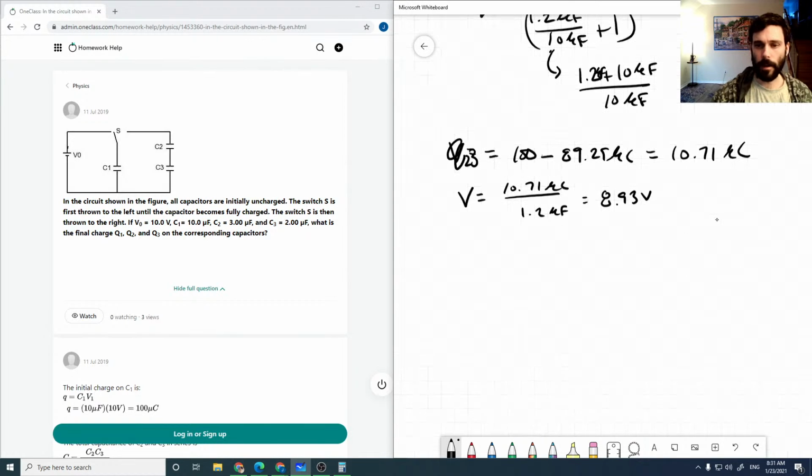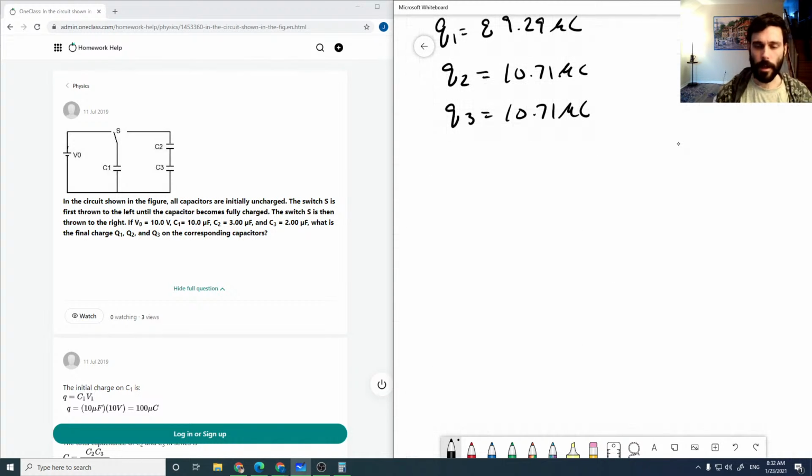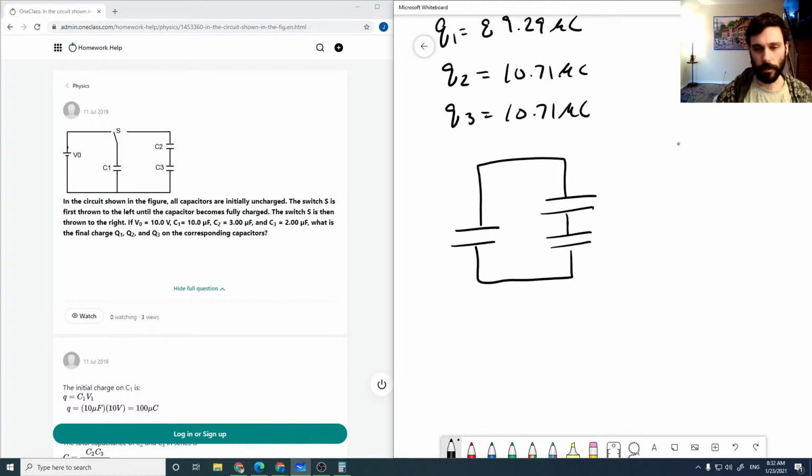Now, because the charge on Q1 is this 89.29 microcoulombs, the charge on 2 is the same 10.71 microcoulombs, and the charge on 3 is also 10.71 microcoulombs. And how that makes sense is that in closing the switch here, we get charge flow for the equilibration, and it flows from this plate to this plate and back around.